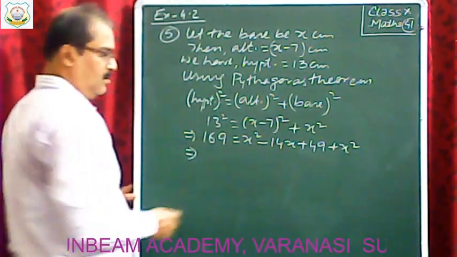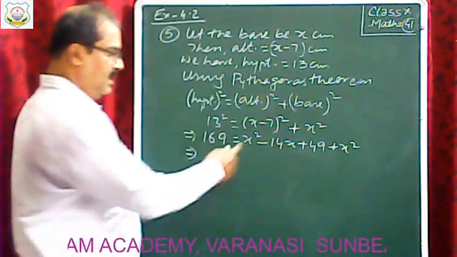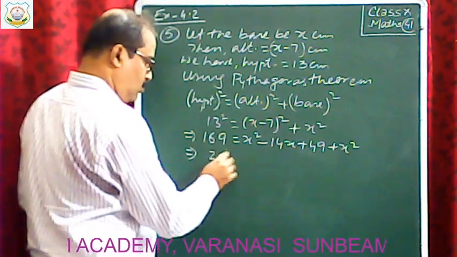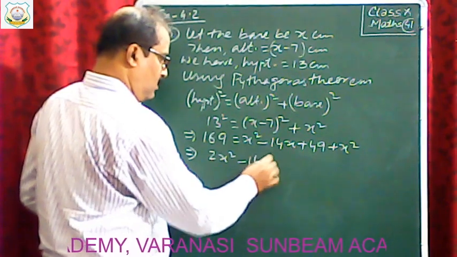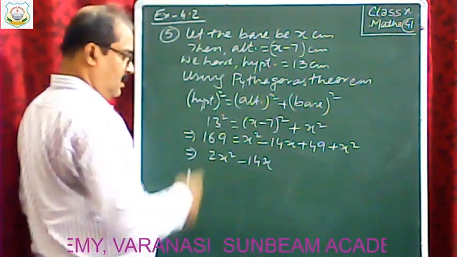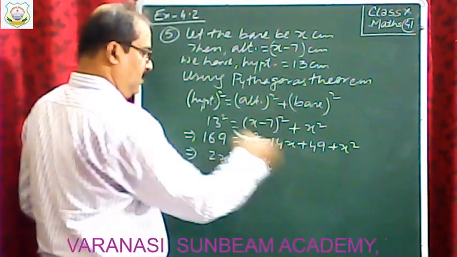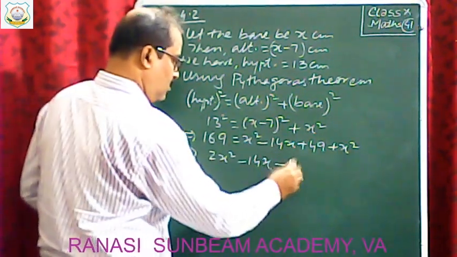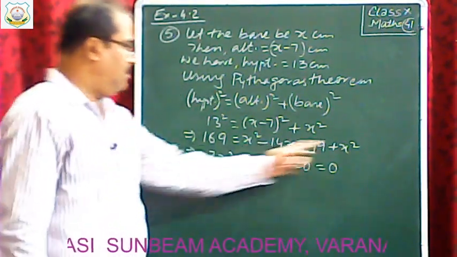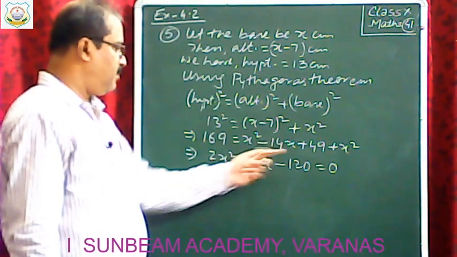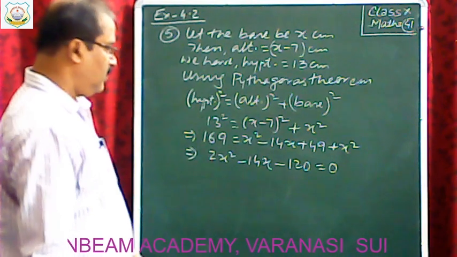Finally, you have to rearrange in the form ax² + bx + c. x² plus x² is 2x², minus 14x, transposing 169, 49 minus 169 is −120, equal to 0.